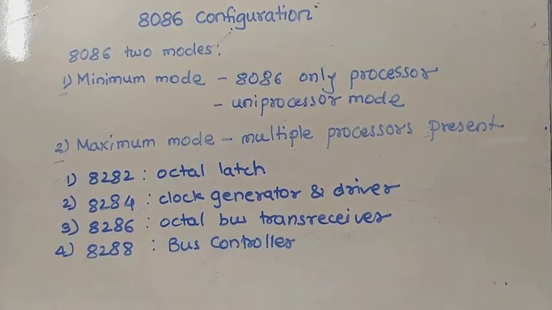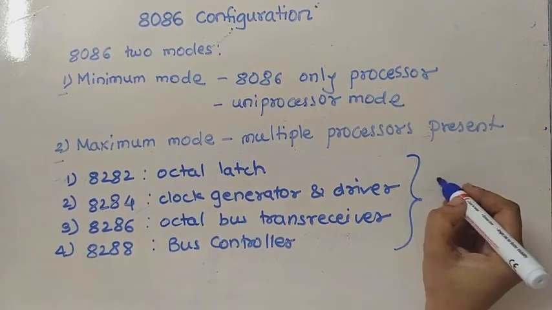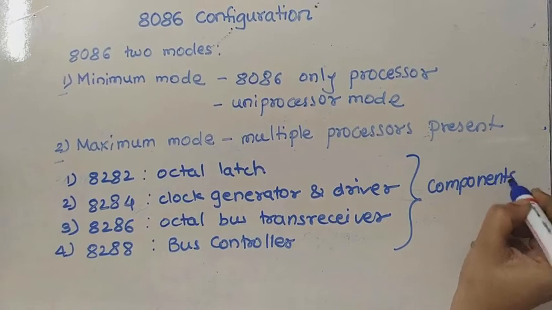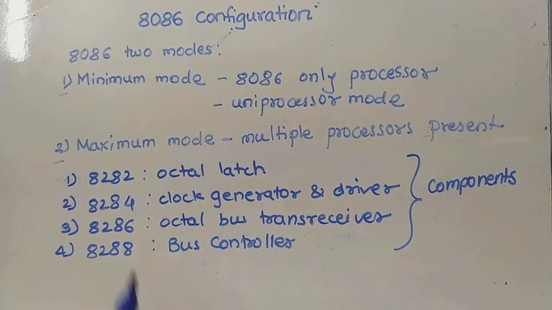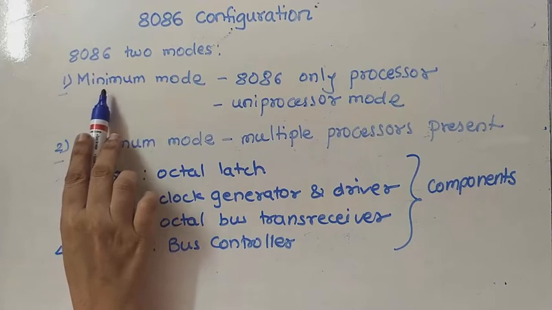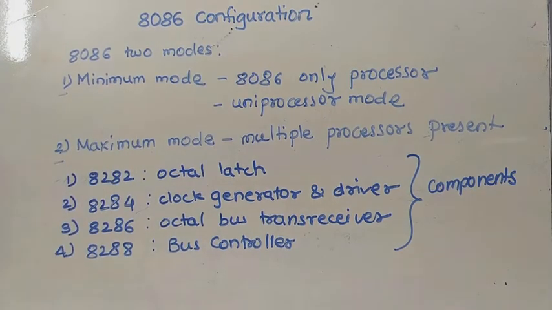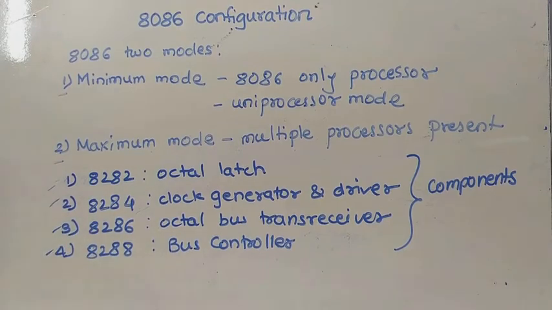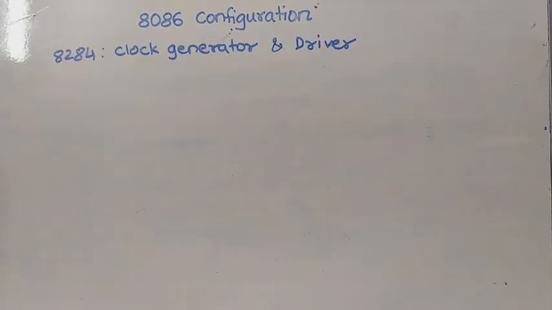So these are the components required for 8086 configuration for minimum mode and maximum mode. Now we are going to discuss these components in this video lecture.